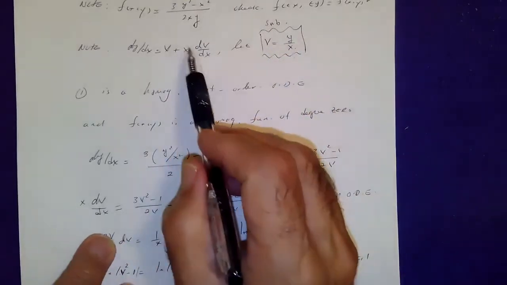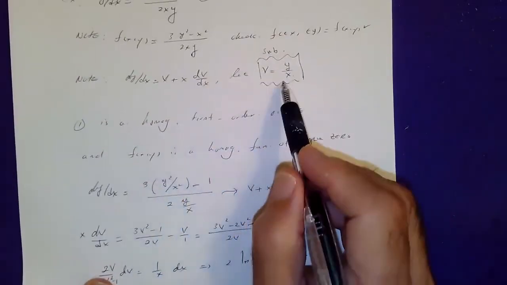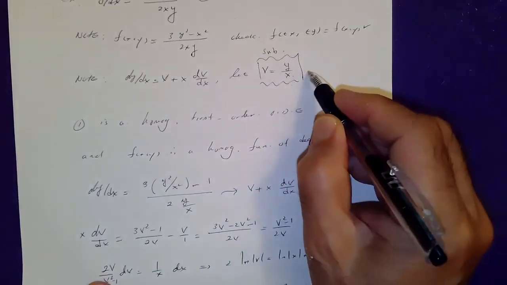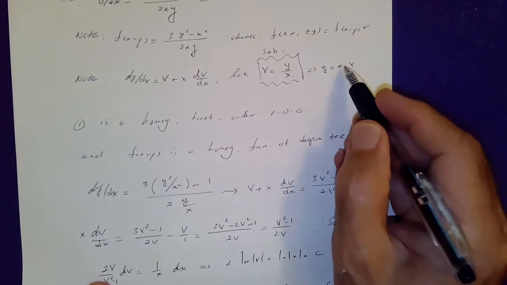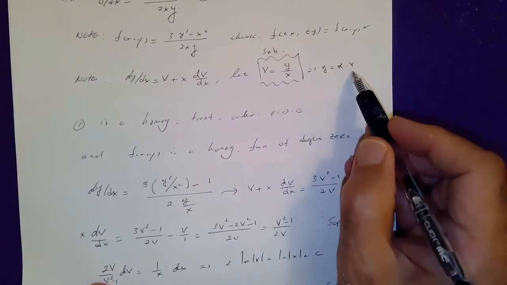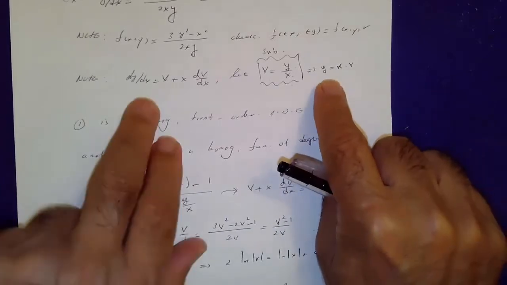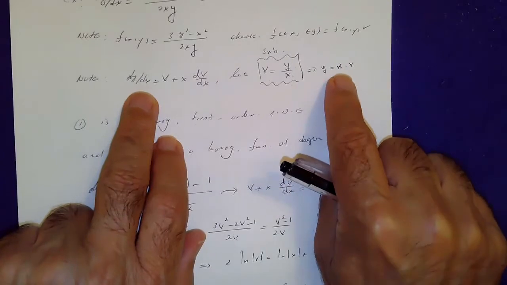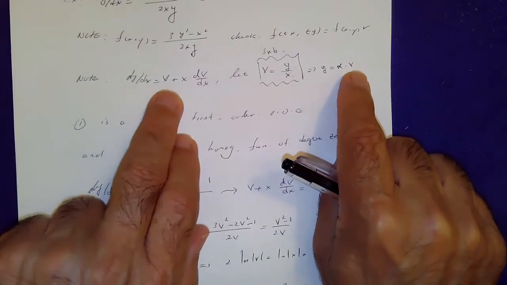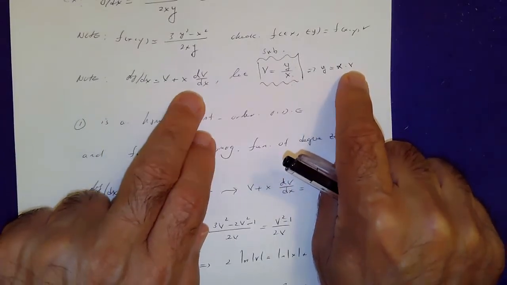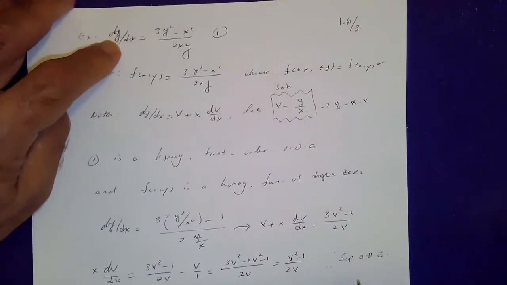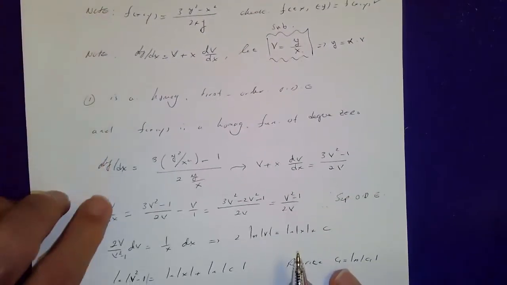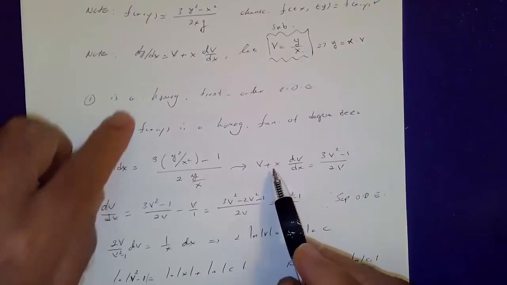However, for the derivative of y, y is equal to x times v, and you use the product rule. So dy dx equals the derivative of x, 1, times v, plus the derivative of v with respect to x, which is dv dx, times x.